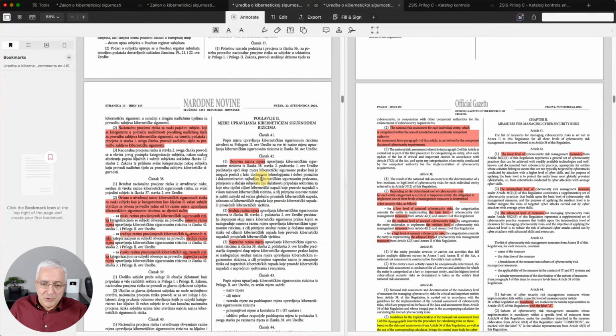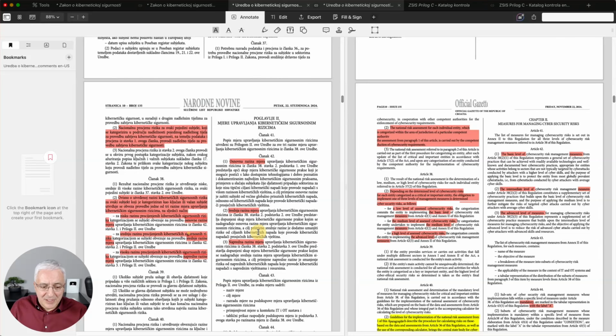And then what is important is that companies with low level of risk will only apply the basic level of cybersecurity measures. Companies with a medium level of risk will apply an intermediate level of cybersecurity measures, and companies with a high level of cybersecurity risk will need to apply the advanced level of cybersecurity measures.